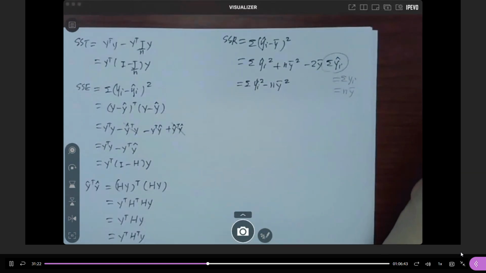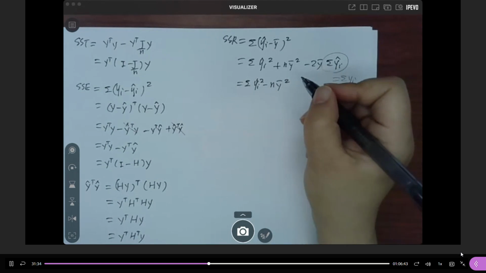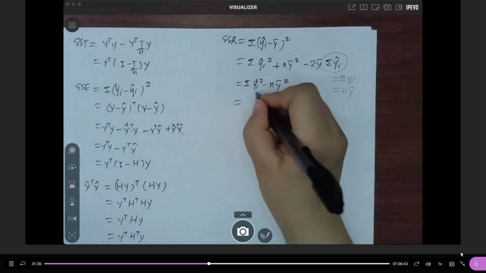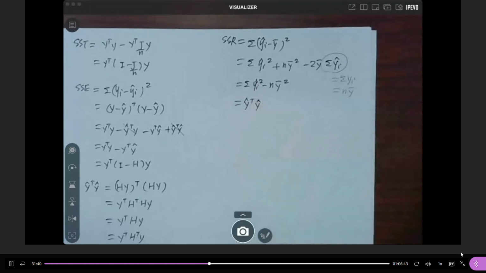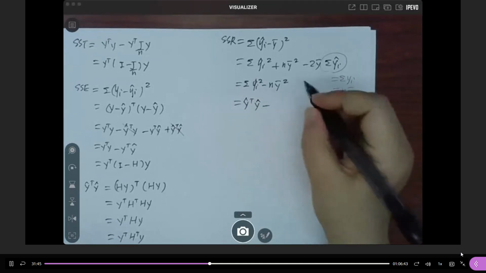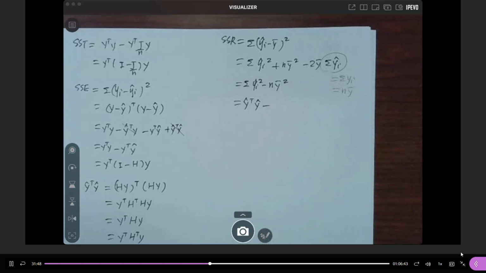Any problem here? Okay, then next we are going to write that into the matrix form. So this summation of y hat squared is y hat transpose y hat. Minus n times y bar squared, we already have that when we handle SST.